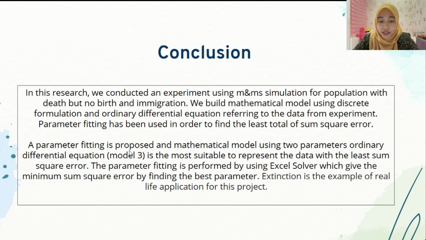The proposed mathematical model using the two-parameter ordinary differential equation, that is Model 3, is the most suitable to represent the data with the least sum square error. The parameter fitting is performed by using Excel Solver, which gives the minimum sum square error by finding the best parameters.